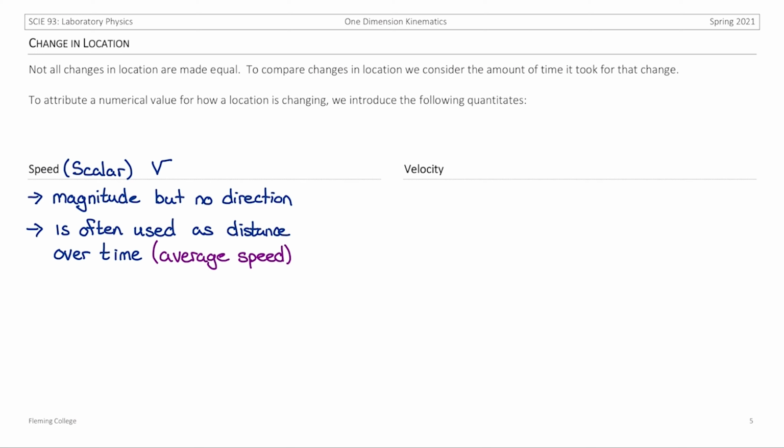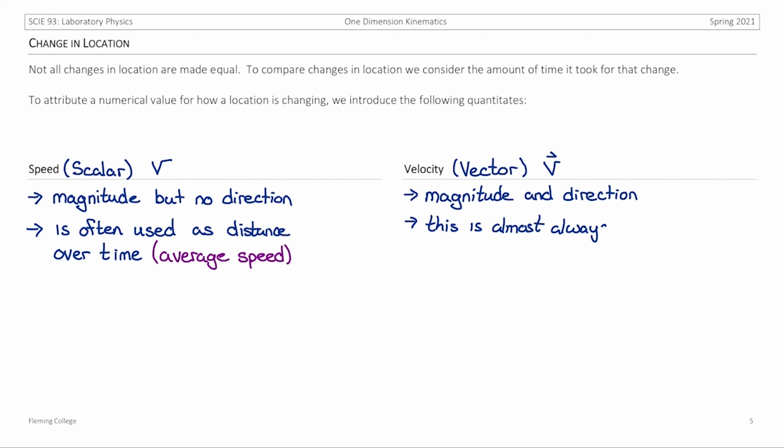Our main focus when we talk about change in position over time is velocity. Velocity is a vector quantity, so it is the v with an arrow over top. Because it's a vector, it has a magnitude and a direction. As I said, this is almost always what we are considering when we consider a change in position over change in time. And that phrasing is the definition of velocity.